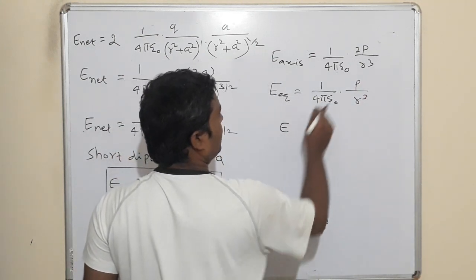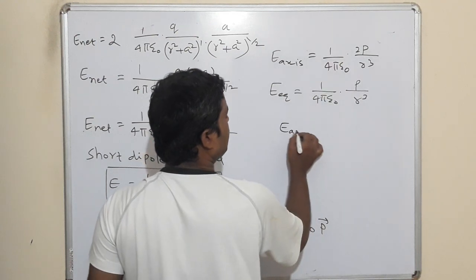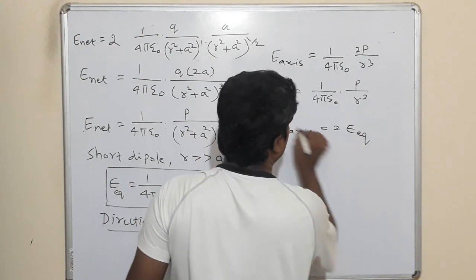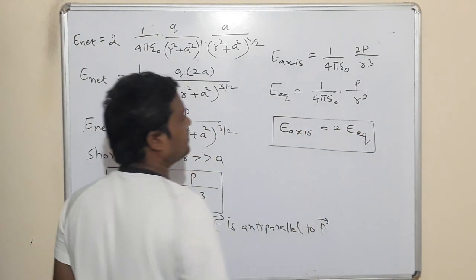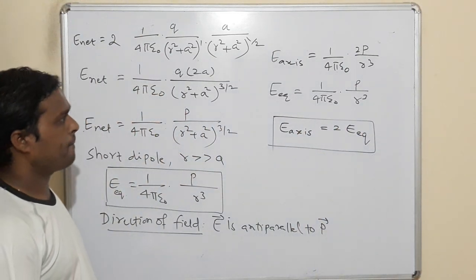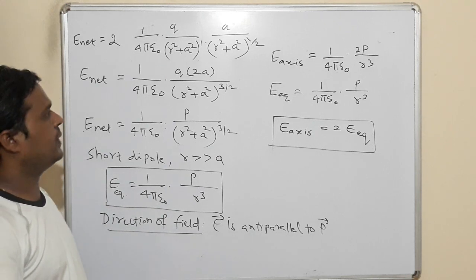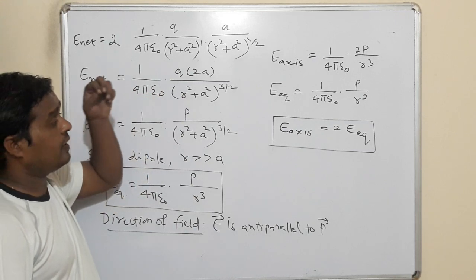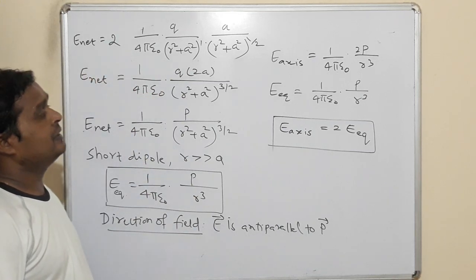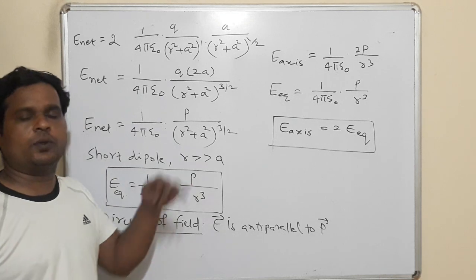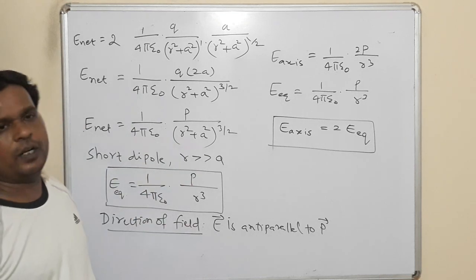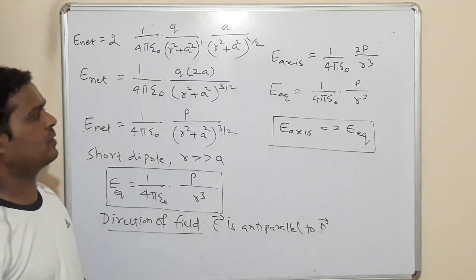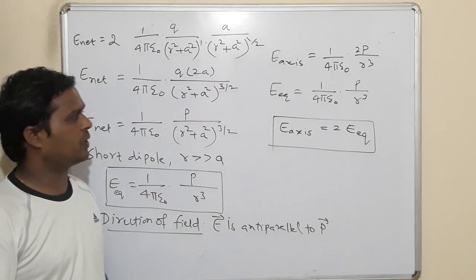Then this is 2 times this: E axial is equal to 2 times E equatorial. Okay? These are the two derivations at two different points, one the axial point and another the equatorial point. In the next class, we will continue with the dipole and try to derive the electric field at a general point and how to find the direction of the electric field at that point. Okay, thank you.